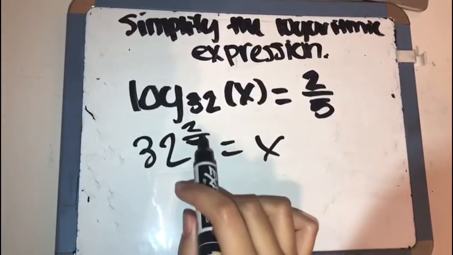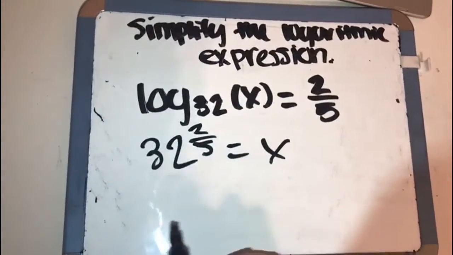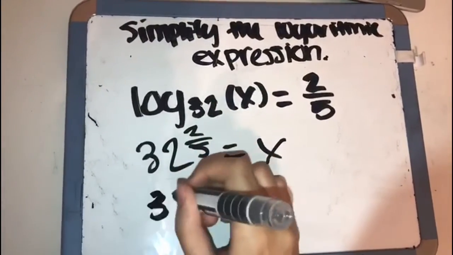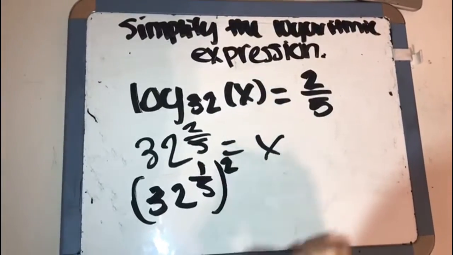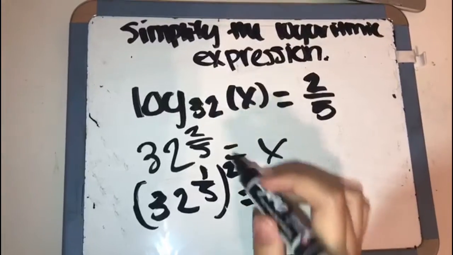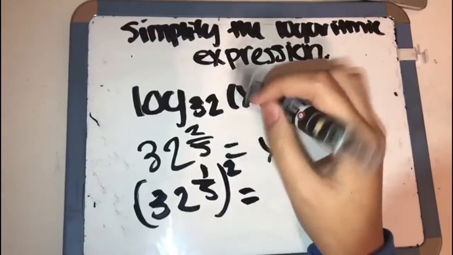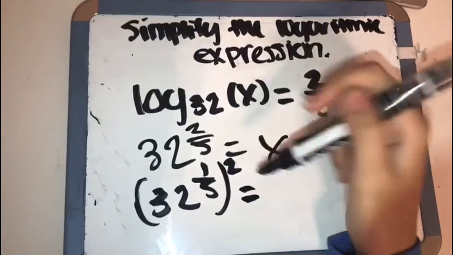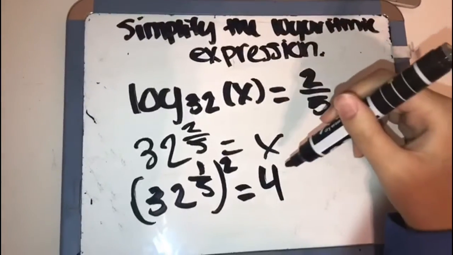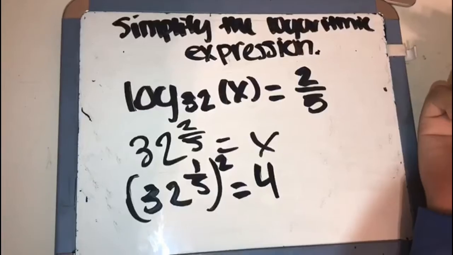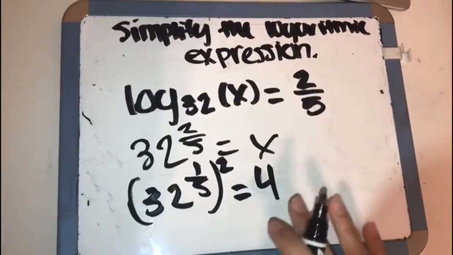So 32 to the 2/5. Now, what does it simplify to? I know that 32 to the 1/5 equals 2. Now, this is me simplifying. When you simplify this, it will most definitely equal 4. And honestly, that's your answer right there.